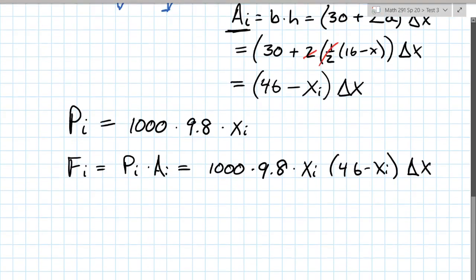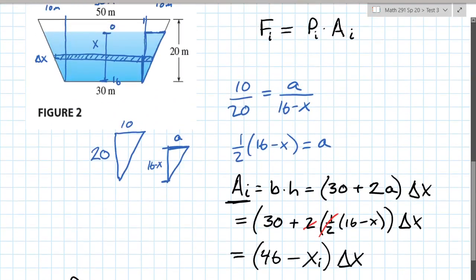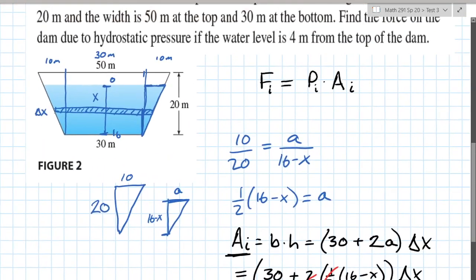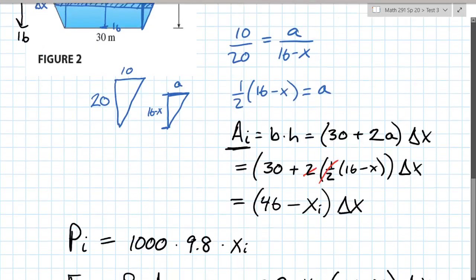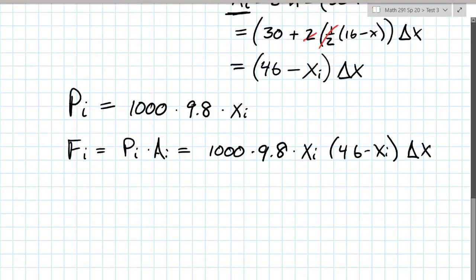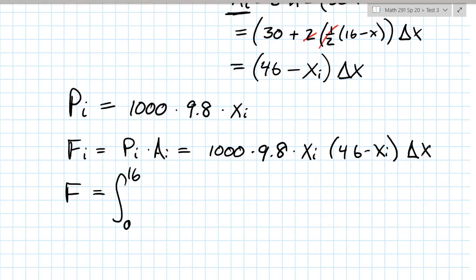Looking back at our picture, we want x to range from 0 all the way to 16. So to find the total force, we are just going to integrate from 0 to 16, which will add up all of our tiny strips.